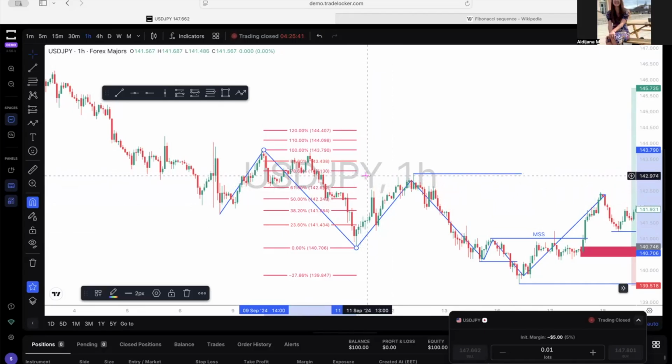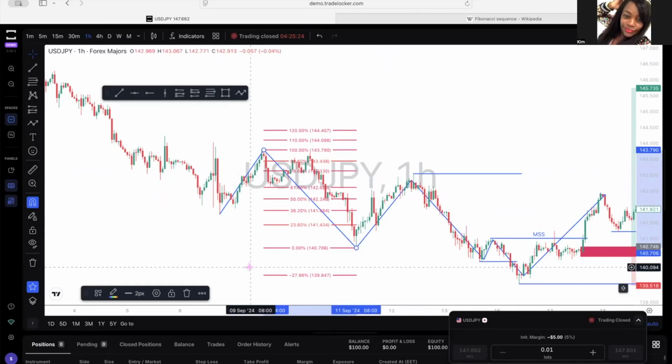Now, price pulled back to the 618. It didn't pull back to the 78. It almost tapped the 78, but it didn't, right?